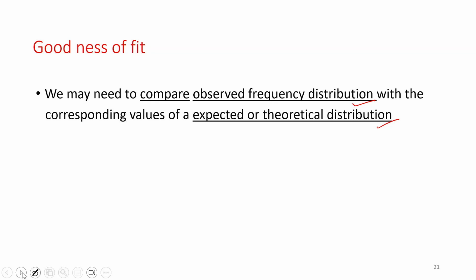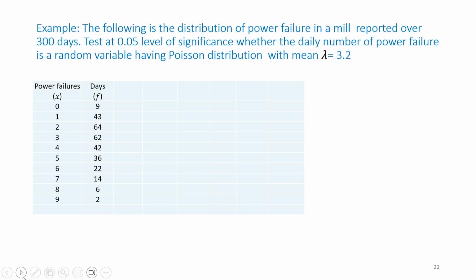I take another example also. Now the following is the distribution of power failures in a mill reported over 300 days. Test at 0.05 level of significance whether the daily number of power failures is a random variable having Poisson distribution with a mean lambda equal to 3.2.